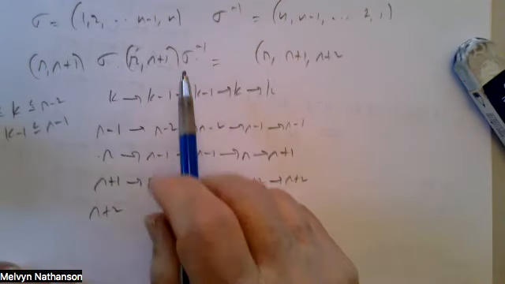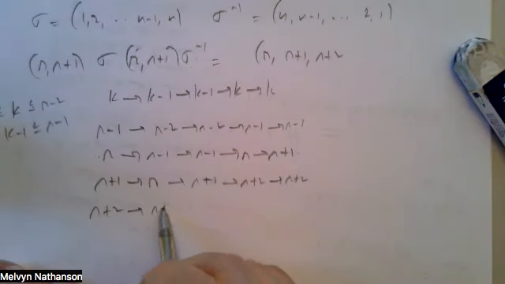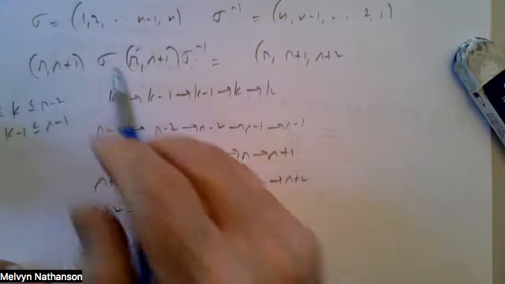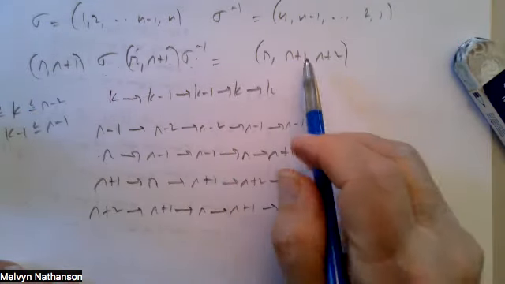What about R plus 2? R plus 2 goes to R plus 1. R plus 1 goes to R. R goes to R plus 1. And R plus 1 goes to R. So R plus 2 goes back to R. So that's a 3 cycle. And what about the numbers bigger than R plus 2?